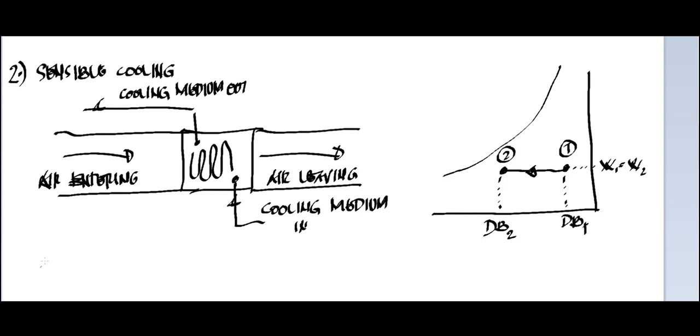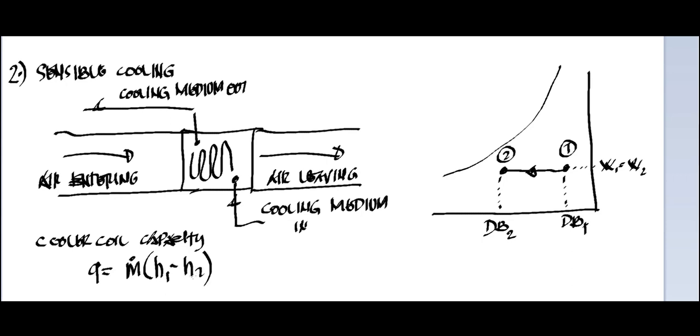Then we have your cooler coil capacity. So we have your Q, the mass flow rate, times your enthalpy 1 minus the enthalpy 2.